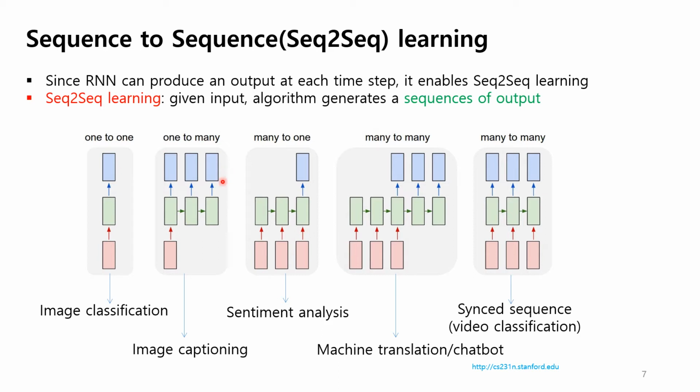A typical application: you give a picture of a person standing in front of a house, nothing else, and the RNN algorithm reads the picture and generates a sentence saying, a man standing in front of house.